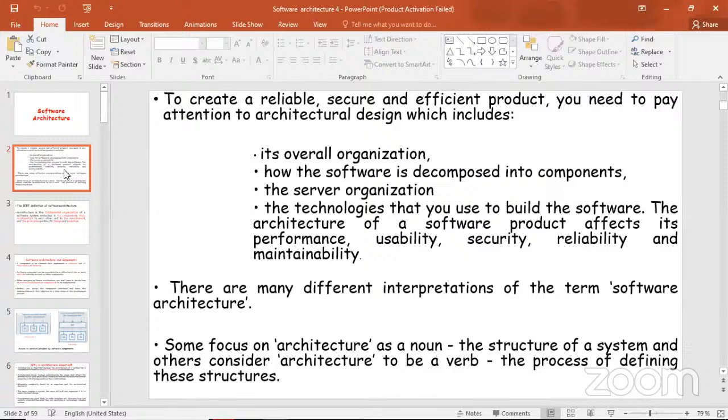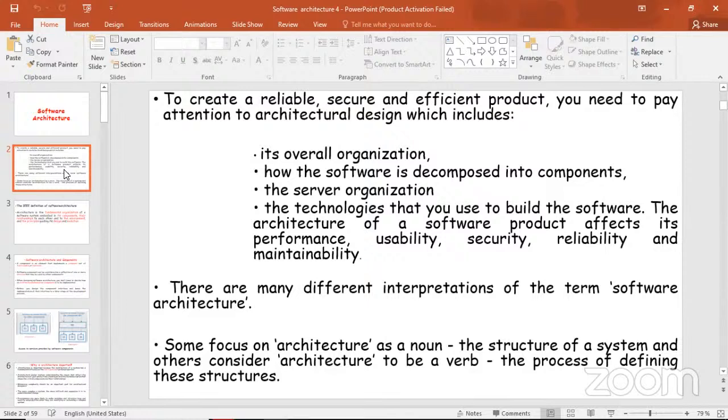The technology that you use to build the software, for instance, in some places in the US, their buildings are completely erected using wood, right? But here in Nigeria, we are accustomed to the use of concrete and sand to get the building. So the technology you are going to adopt is also of great importance. Now, the architecture of a software product affects its overall performance, right?